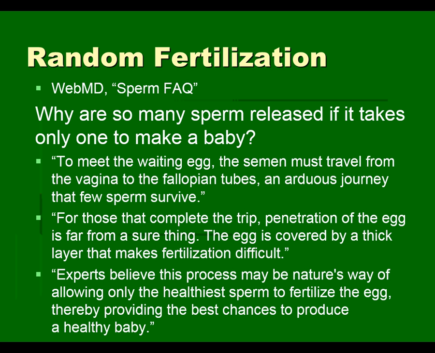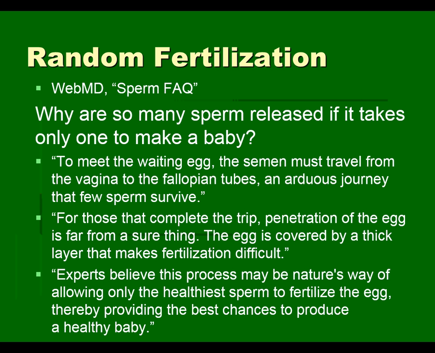The semen must travel from the vagina to the fallopian tube. So it's an arduous journey. It's very tough to get there, so very few sperm will actually survive it. For those that complete the trip, the penetration of the egg is far from a sure thing. Not every sperm gets there, only a few might, and only one will actually make it.